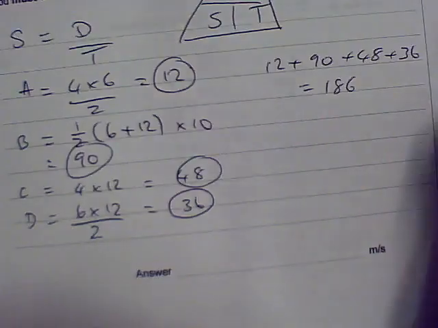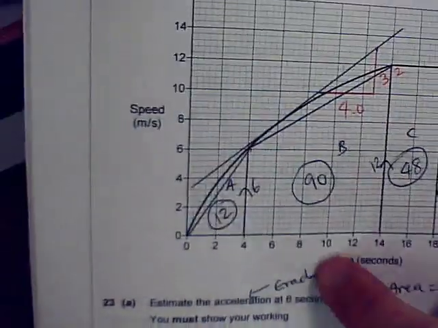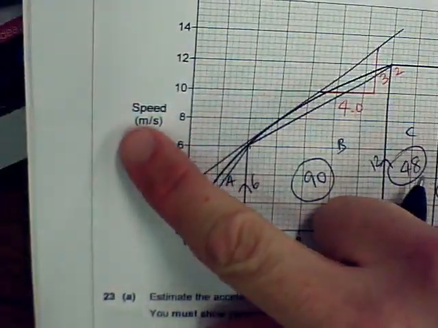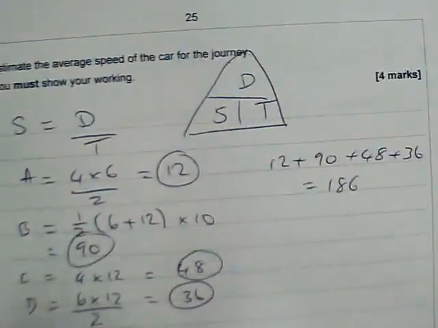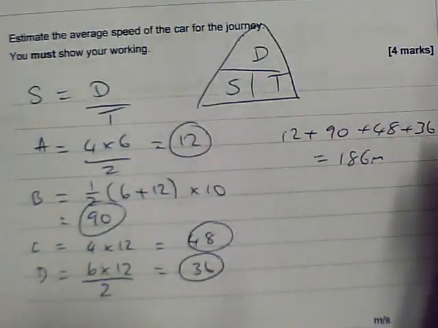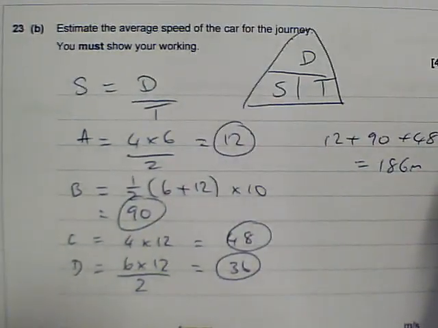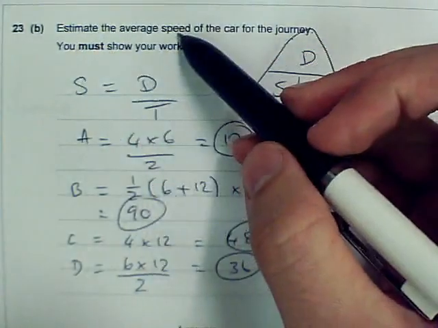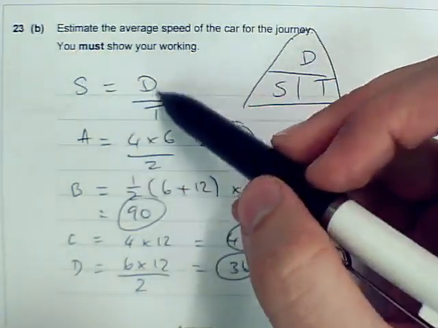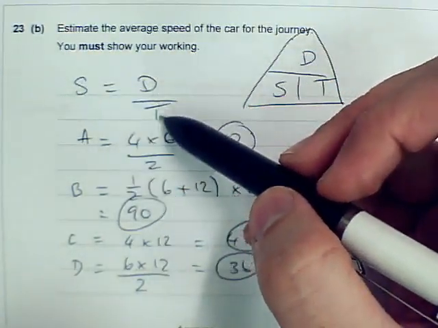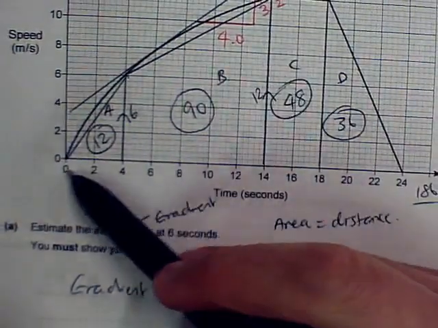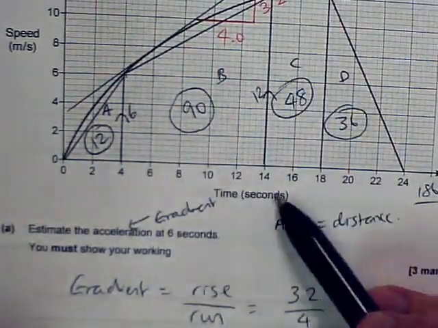Okay, now this is my distance, and if we look at it, it is m/s, which is meters per second, so this answer is in meters. But remember, that's not our final answer, because it says estimate the average speed, and we know that speed is distance divided by time. So if we look at this graph, it goes up to 24, and that's 24 seconds, so our time is 24.